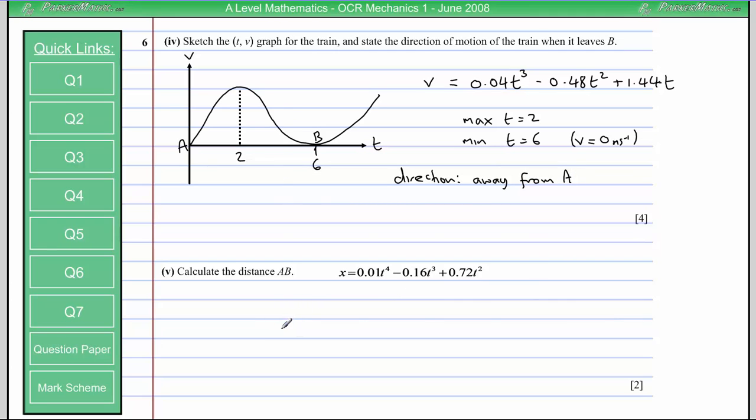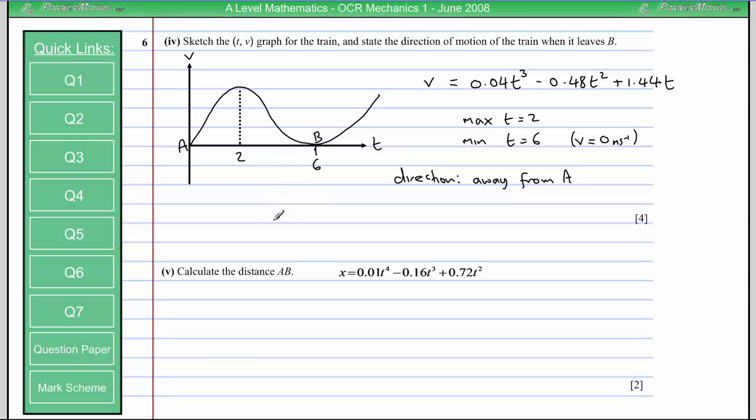In part 5, we need to calculate the distance AB. We have this equation for our displacement, which we found earlier in the question, and if we look at the graph, you can tell that it never crosses the axis. That means there is never a point in which its velocity is back towards its start position. It's always positive or 0.